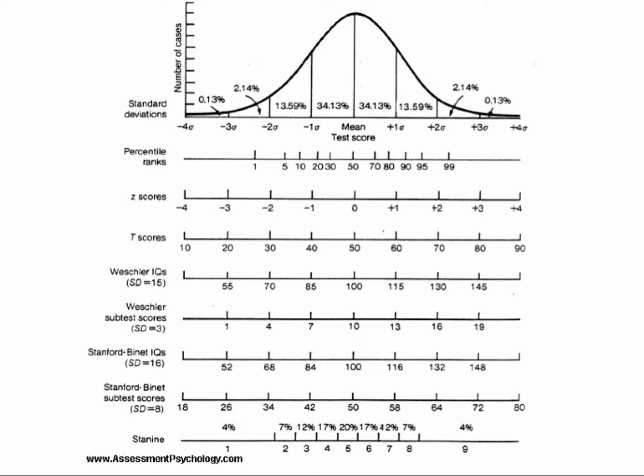Now, you might be asking yourself, why in the world would anybody have a z-score and a t-score if the z-score tells you the same information as a t-score? It's just different numbers. Well, it really is kind of convention in whatever field you are in. Sometimes people will use t-scores just because that's what they use as opposed to z-scores, but they do tell you the same information. The main thing t-scores will do is keep the numbers positive.